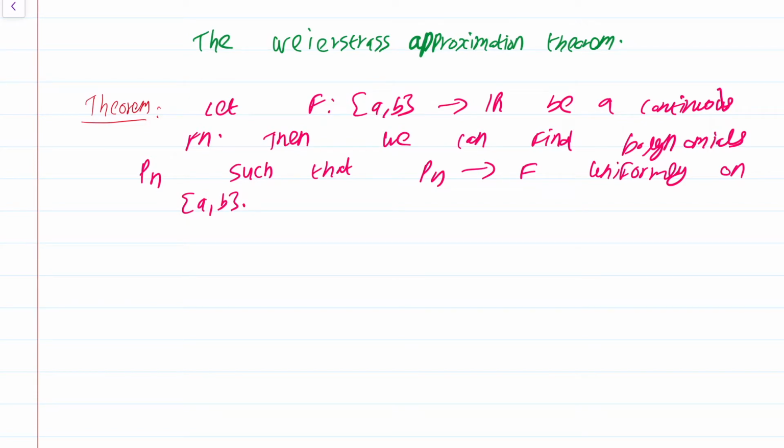So, in all practical applications, we need only a specified degree of approximation. And the Weierstrass approximation theorem guarantees that no matter how small that tolerance level is, we can always find a polynomial approximation of the function f that satisfies that tolerance level.